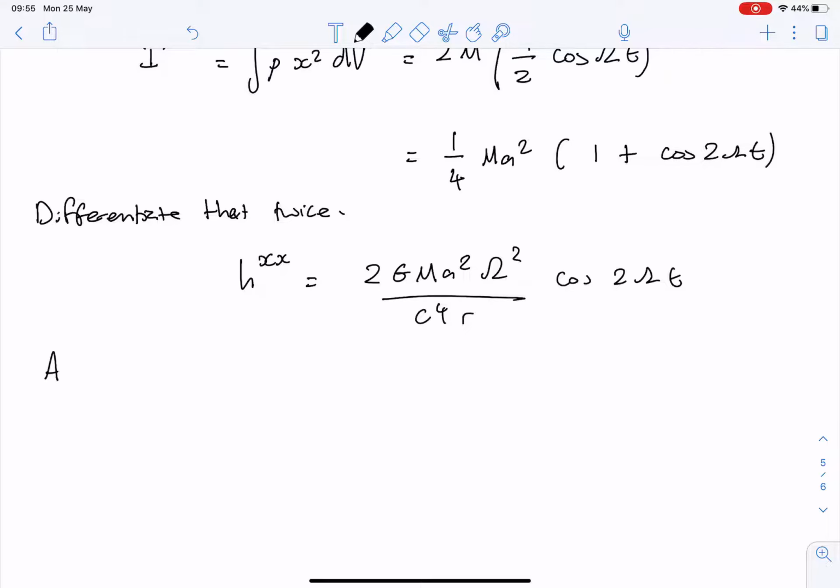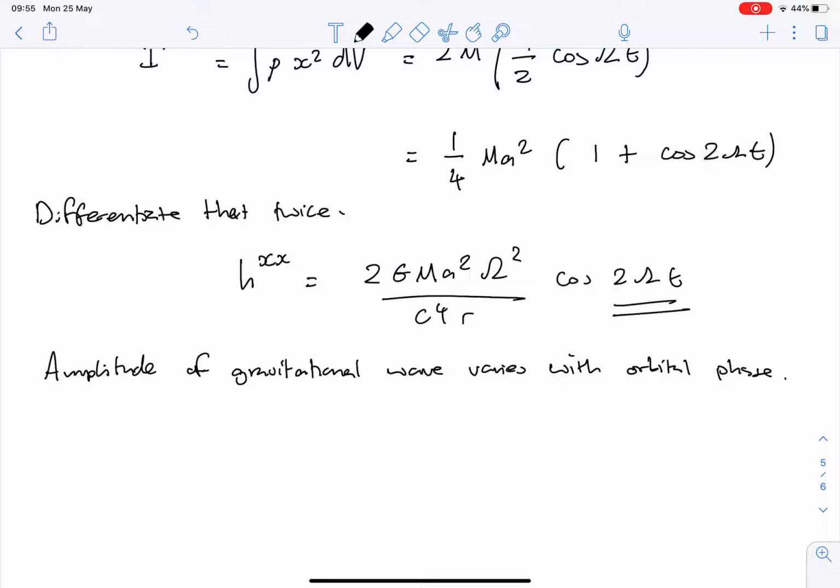So these are wave-like solutions, they come and go. But also to note the 2 omega t in here. The gravitational waves have twice the frequency of the source.